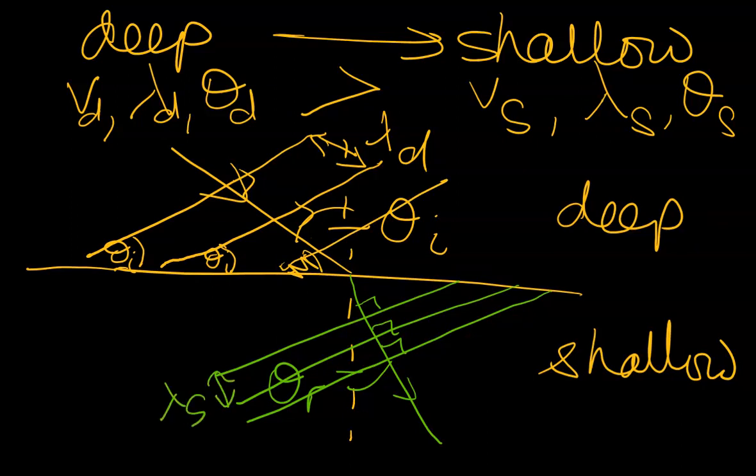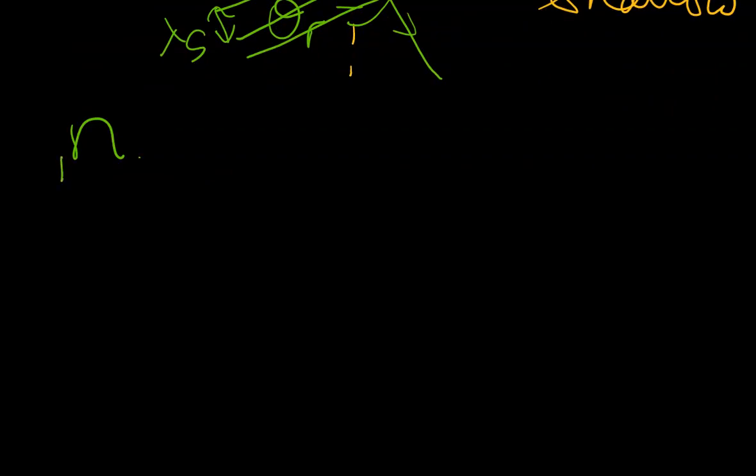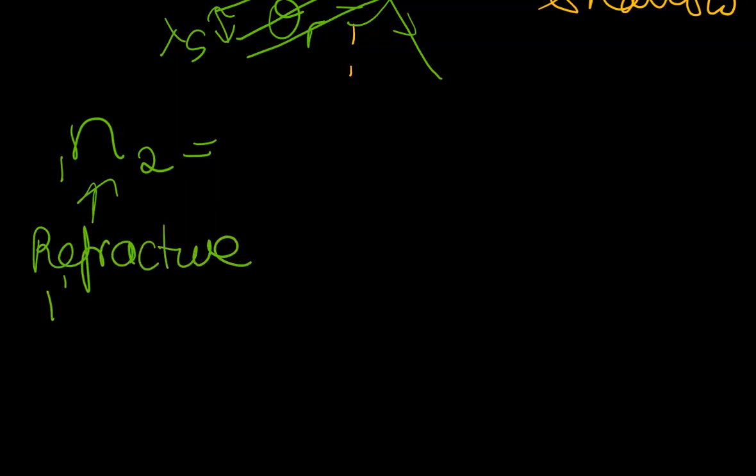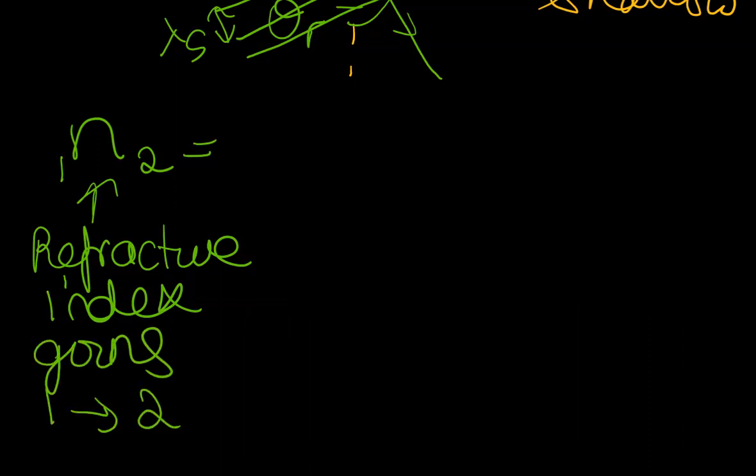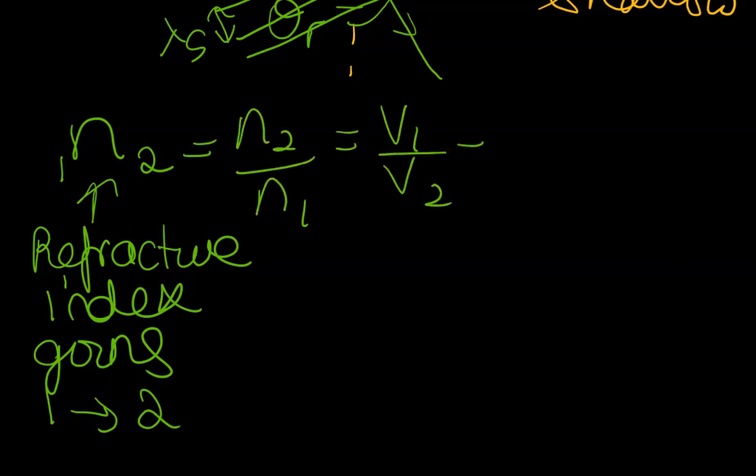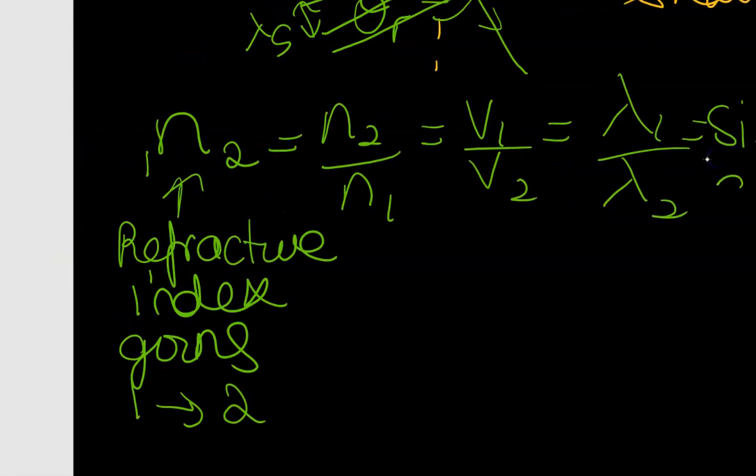So the lambda in the shallow is less, the angle is less, and the velocity is less. And we could even put this together as Snell's law, where this represents the refractive index going from 1 for the wave traveling from medium 1 to medium 2. That's a ratio of the two refractive indices, which is a ratio of the speeds, which is a ratio of the wavelengths, which is a ratio of the angles.